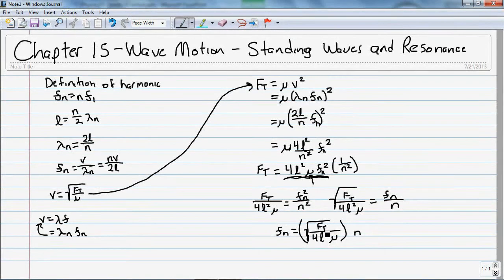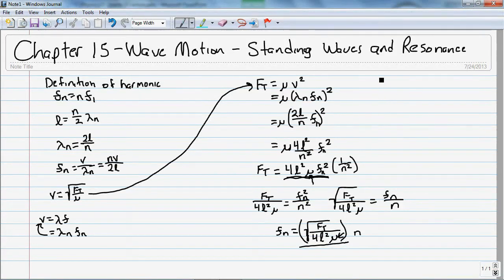So what this is telling us is if we keep our force of tension constant and we vary the frequency based on the harmonic number, we'll get a straight line and the slope of that line will be what's under the square root. And again, we can use that slope to find the value of mu.